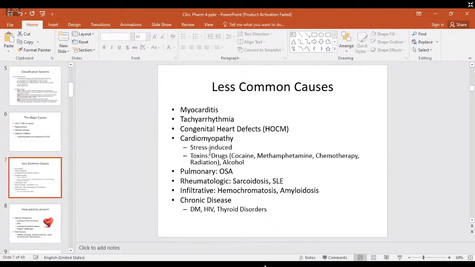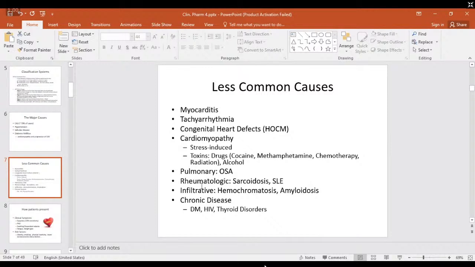Cardiomyopathies can also lead to heart failure, and you know there are several types of cardiomyopathies. It can be hypertrophic cardiomyopathy, dilated cardiomyopathy. They're the more common types, and also restrictive cardiomyopathy, which is more rare.